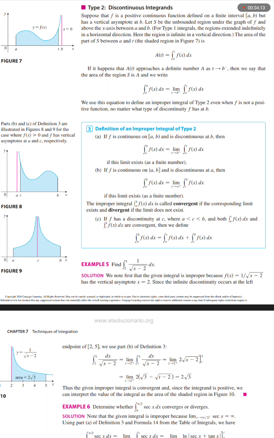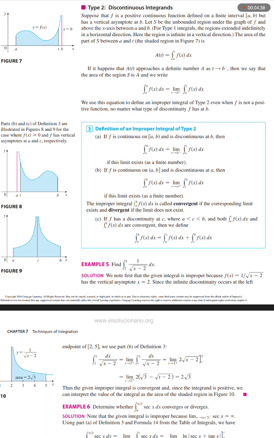The area of the part of big S between a and t, the shaded region in figure 7, is big A of t equals the integral from a to t of f of x dx.